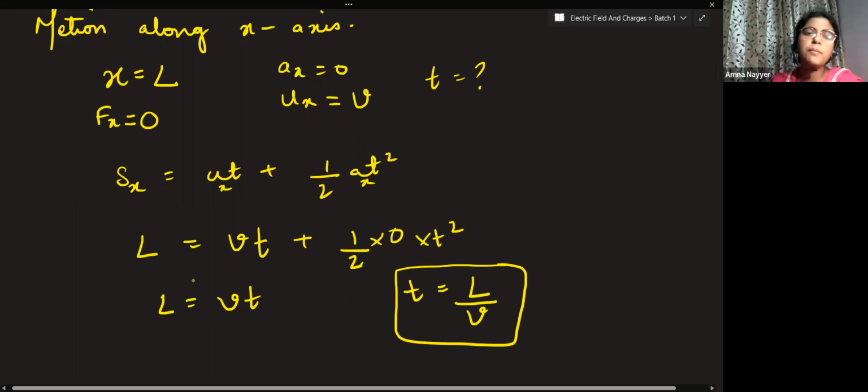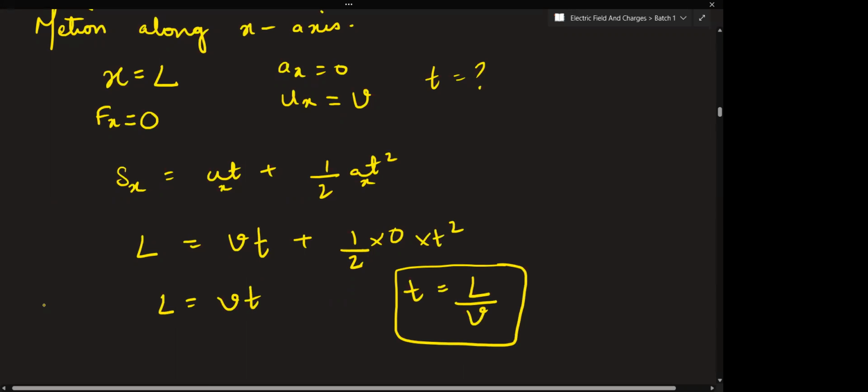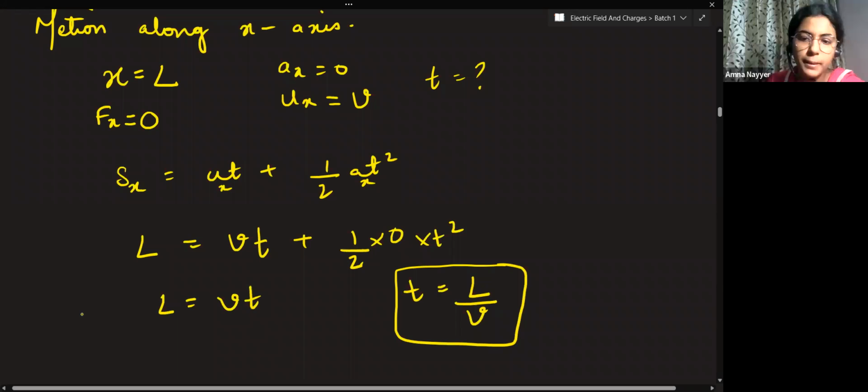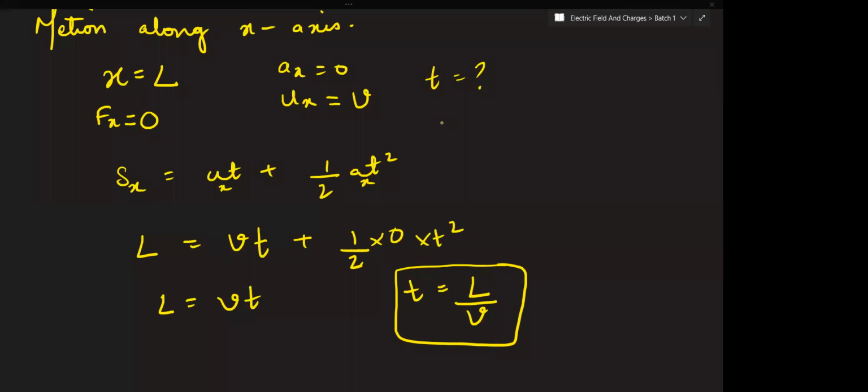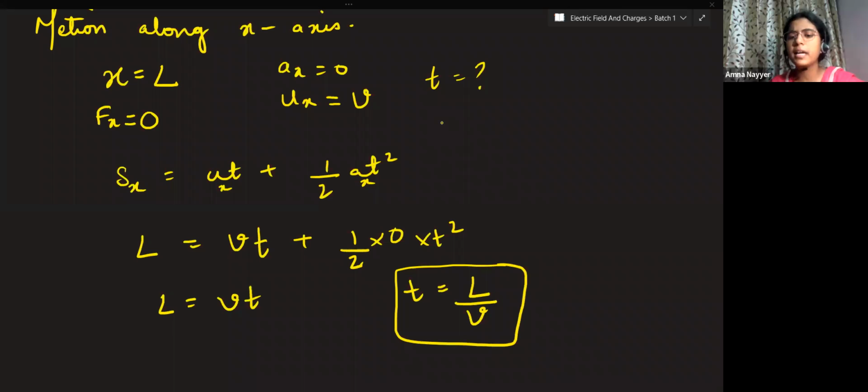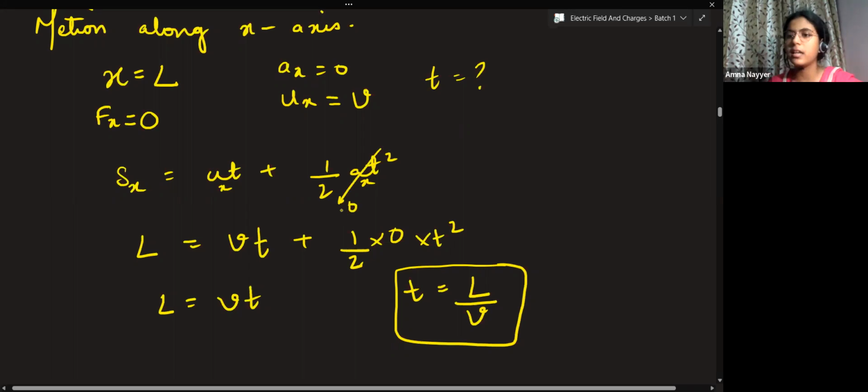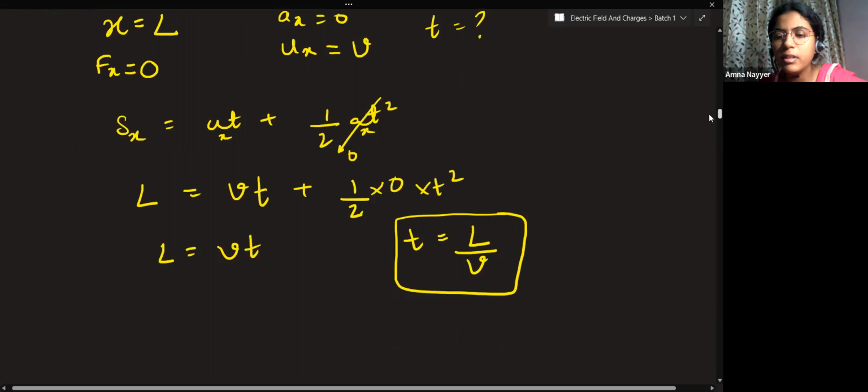First part is clear to all of you? Yes, Mamuna, were you saying something? All right. So see, if you put in the values in this, this part will be equal to 0 because acceleration is not there. So L is equal to Vt and t will be equal to L by V.